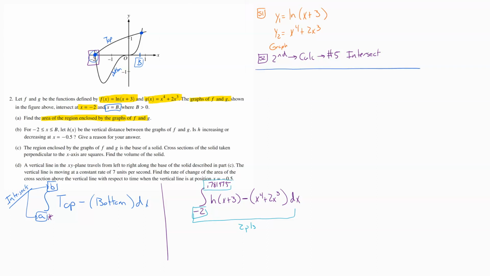So to find out what this integral value is, I'm now going to go back in and I'm going to go into my y1. And I'm going to do this equation into y1. Luckily in y1 you should already have the natural log of x plus 3, so you'll just have to clear y2, put a minus, and then parentheses x plus 4, x to the 4th plus 2x to the 3rd.